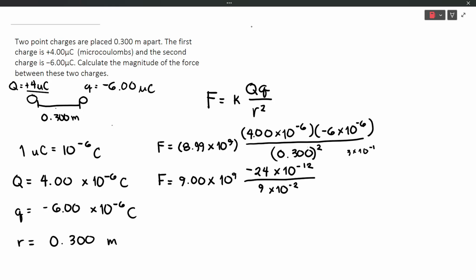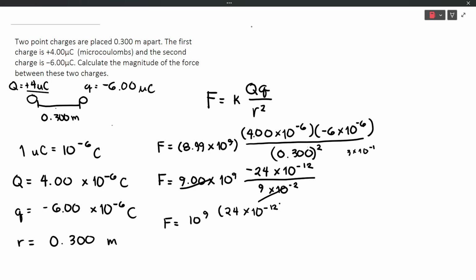And then we can cancel the 9. Then we have F is equal to 10 raised to 9 times negative 24 times 10 raised to negative 12 over 10 raised to negative 2.